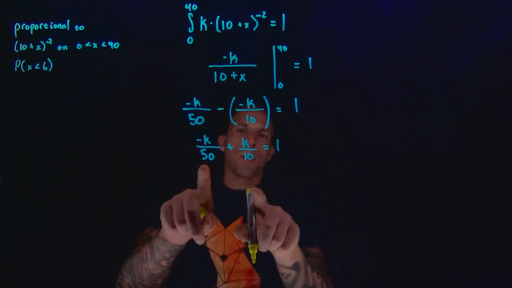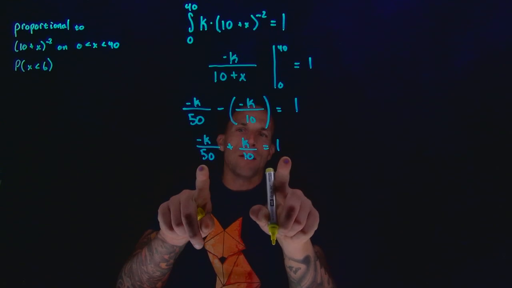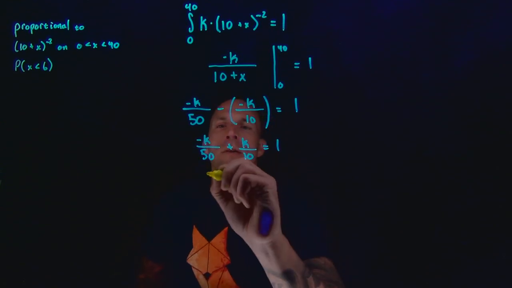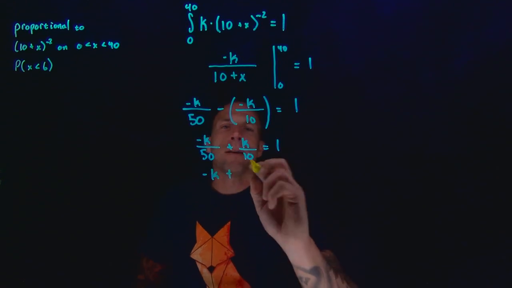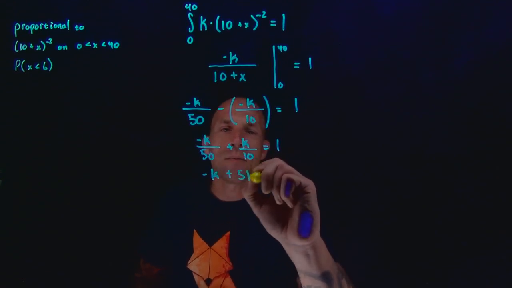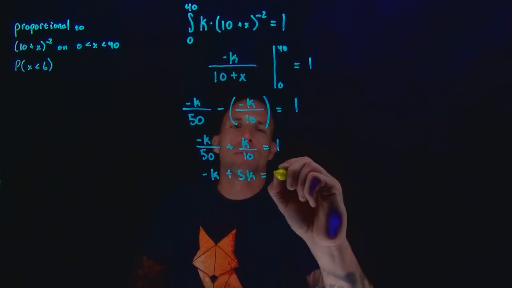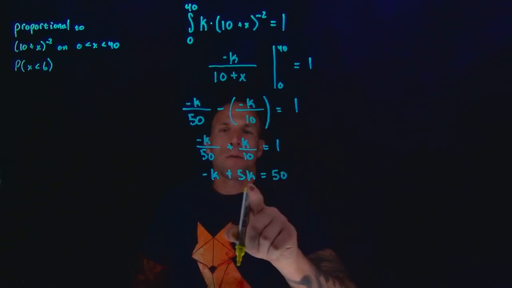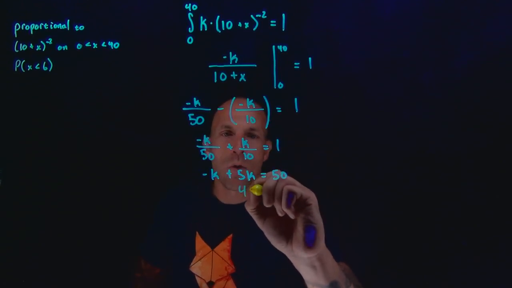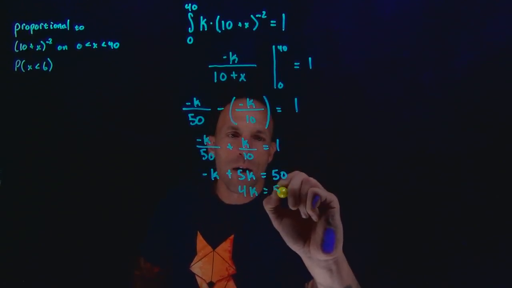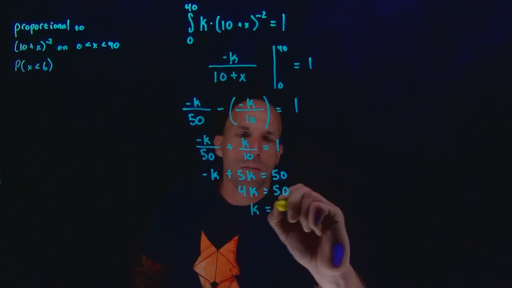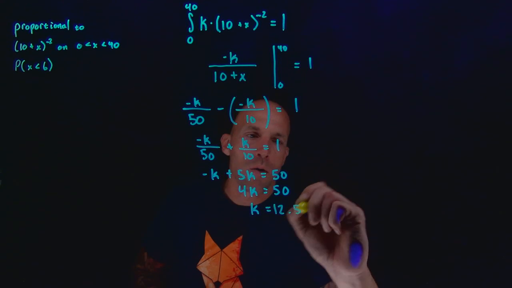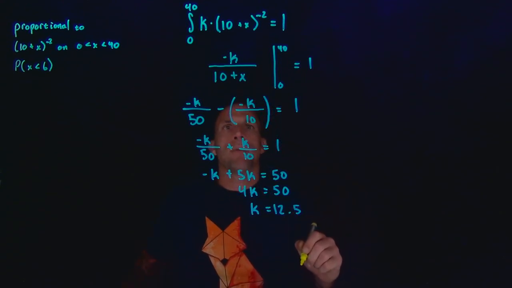And then I'm going to multiply each term by 50. 50 divided by 50 is just going to give me negative k. 50 divided by 10 is 5k. And 50 times 1 is 50. 5k and negative k is 4k. Divide both sides by 4, and our constant of proportionality comes out to be 12.5.